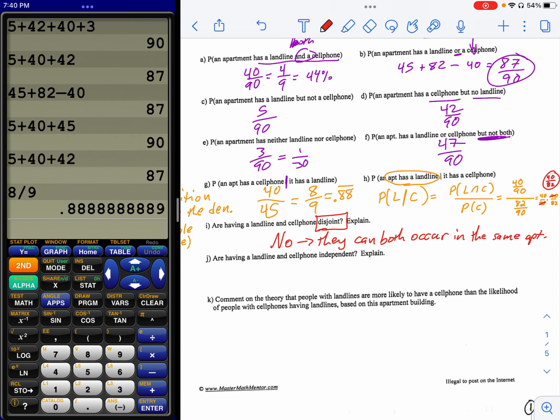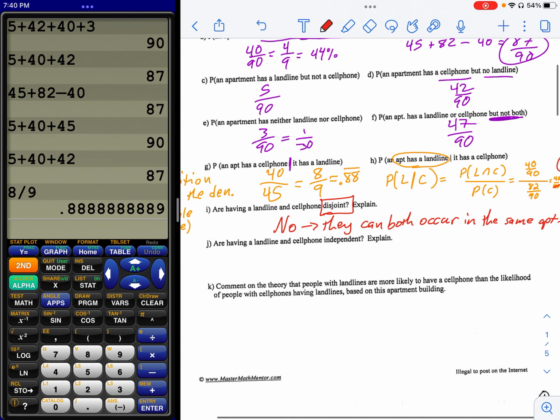Are having a landline and a cell phone independent? Okay, so independent means the probability of one of them is independent of the other.